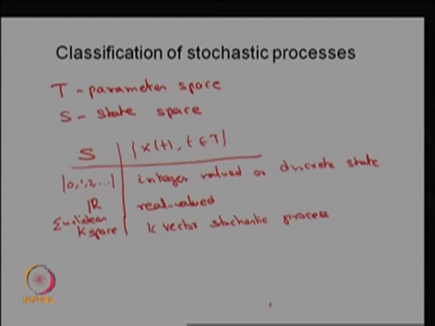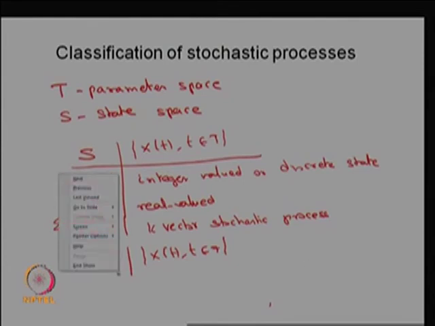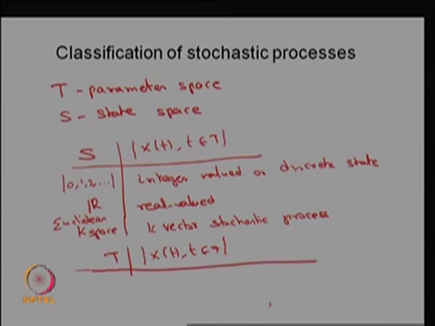So, the collection of k tuple values is called a k vector stochastic process. Similarly, based on the capital T, let us see the name of the stochastic process for different values of t. If it takes countably finite or countably infinite values, or only integer values, then we say it is a discrete parameter stochastic process, or there is another name, the stochastic sequence also.